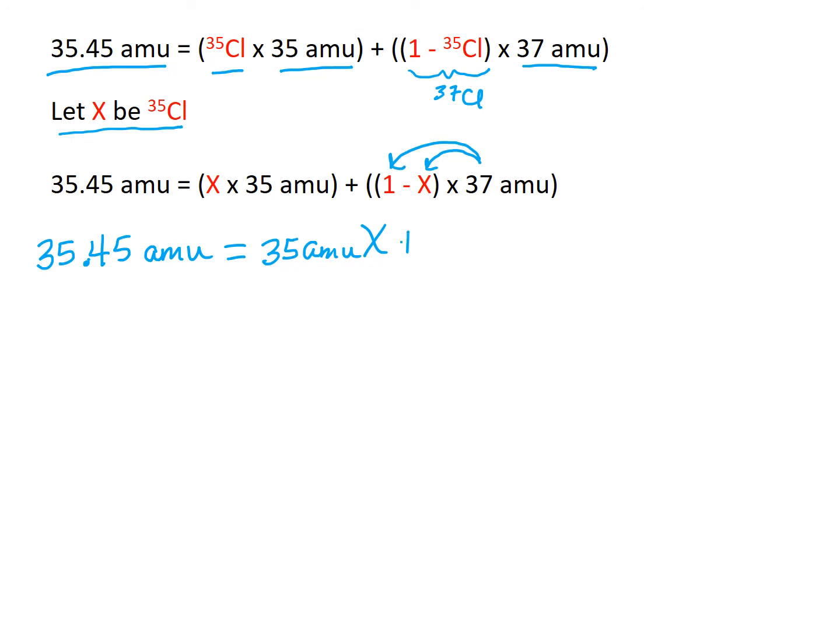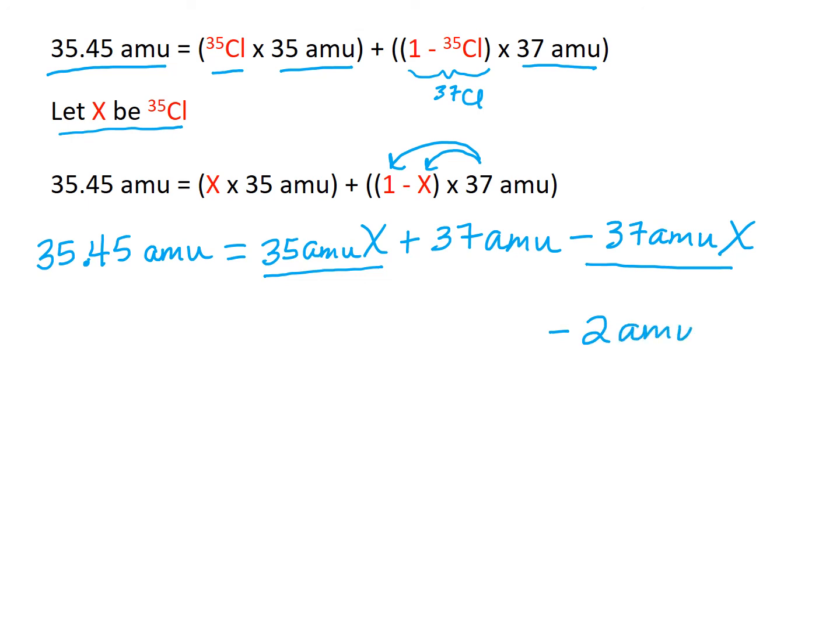Okay, so that's plus 37 AMU minus 37 AMU X. Okay, now I'm going to simplify and combine like terms. Okay, so over here I've got AMU X, and right here I've got AMU X. So I'm going to combine those two, and that gives me negative 2 AMU X.